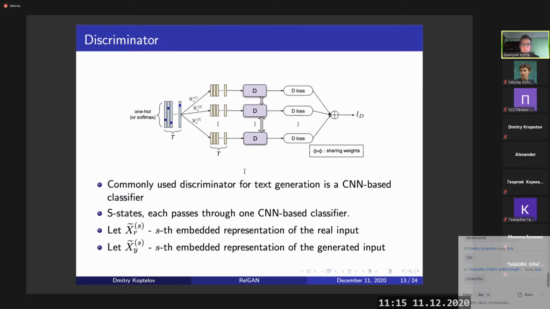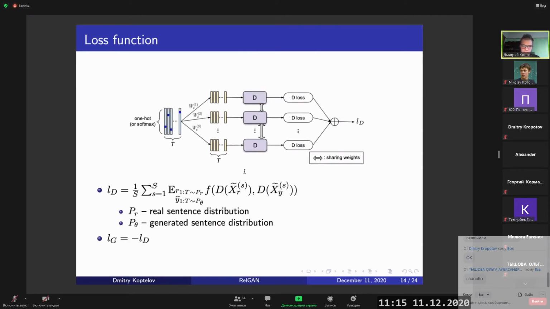Each state is obtained using an embedding matrix, and we get representations of our output, and we pass it through the discriminator. It's one discriminator with shared weights, and we compute S losses. And we pass our real input and generated input, and in general get such a loss function.